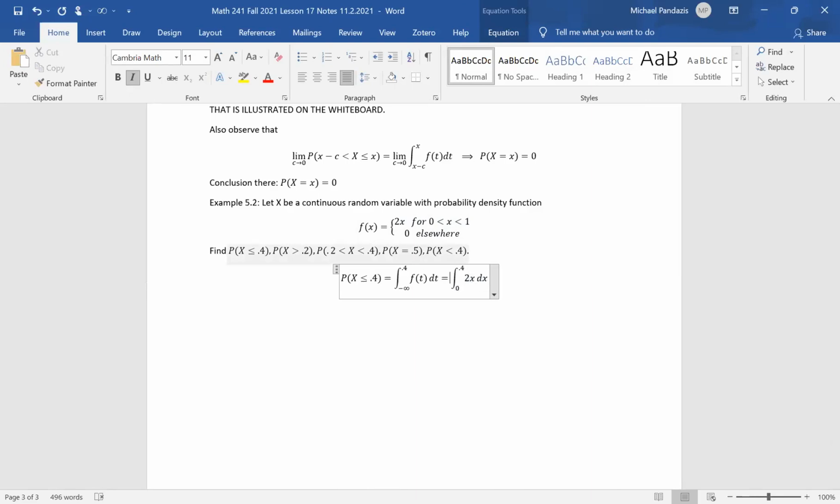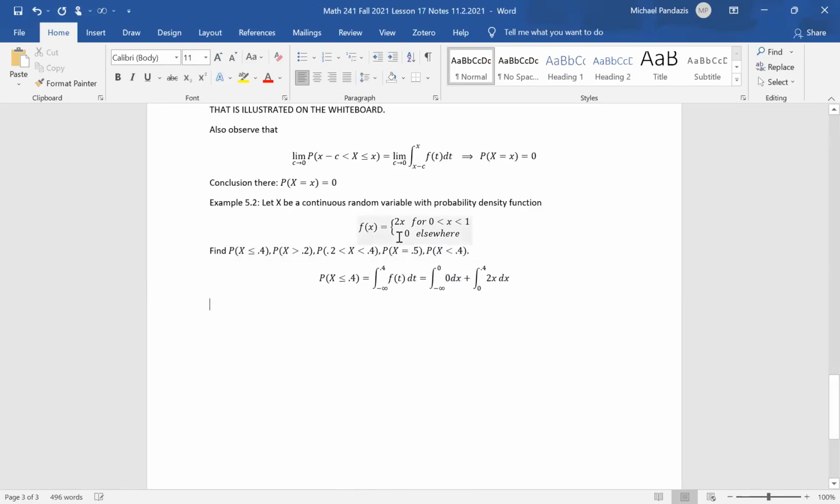For this time, I'm not going to do this every time, but I'm really breaking apart this one integral into two integrals, from negative infinity to 0, and then from 0 to 0.4. From negative infinity to 0, f of x is 0, so the integrand is 0. But from 0 to 0.4, the PDF is 2x.